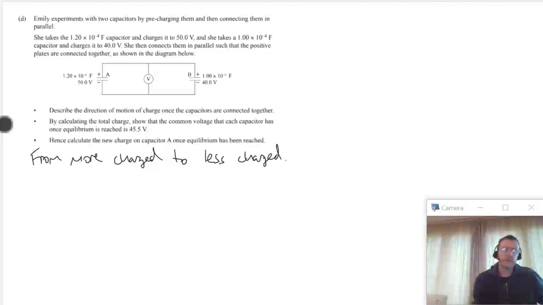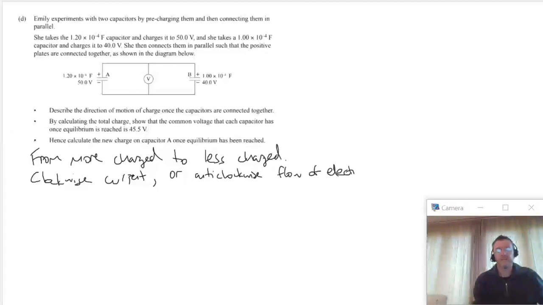Positive charge flow is going to go from here to here, which is a clockwise current, which, if we think about electrons, is an anti-clockwise flow of electrons. Either of those would be fine.